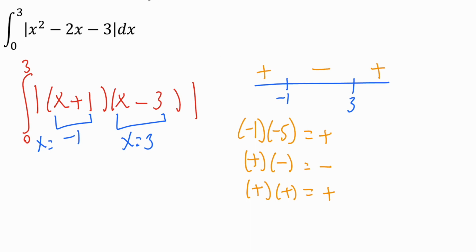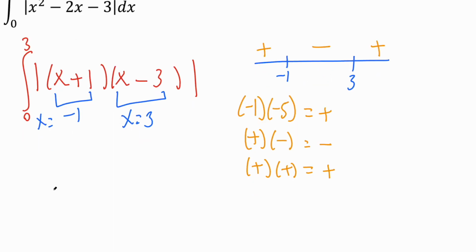Now, this particular problem is a definite integral from 0 to 3. So 0 is right here, 3 is right here, and there's a negative right here. Remember, earlier we said the absolute value of x behaves like x whenever x is greater than or equal to 0, and negative x whenever x is less than 0.